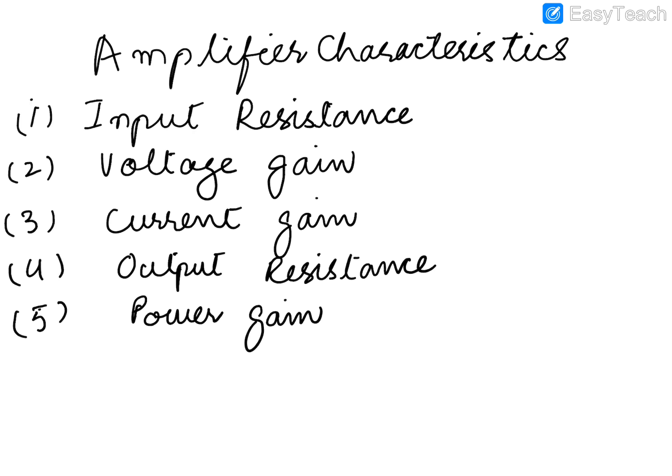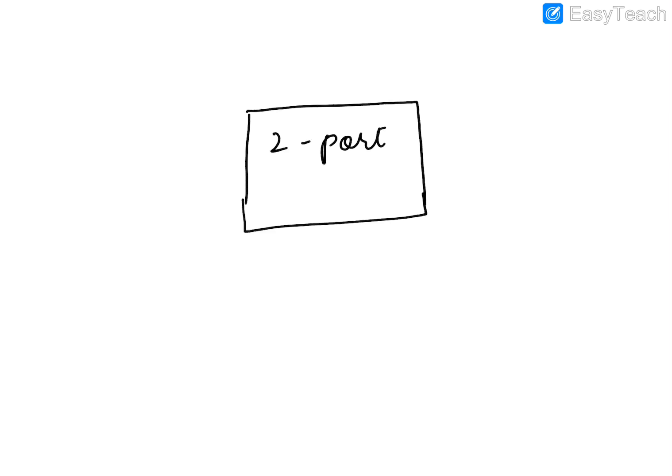So first we will define all of these characteristics for an amplifier. So consider an amplifier to be a two-port network, like this, with input and output ports.